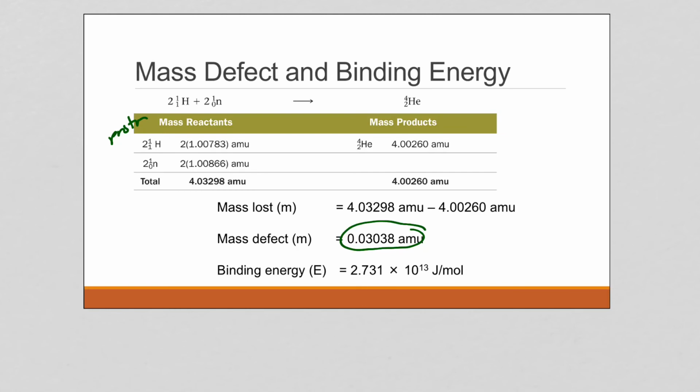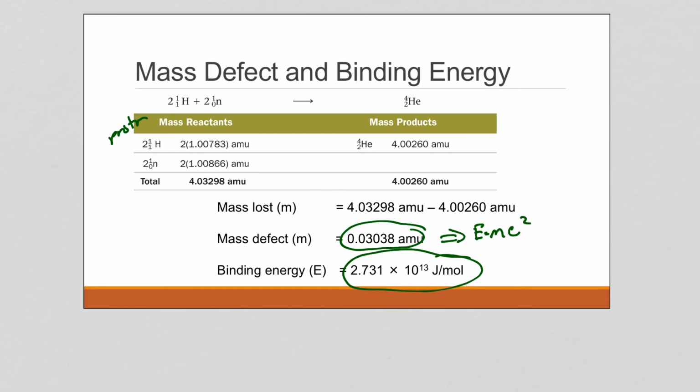So somewhere along the way, we lost this 0.03 AMU. Via E equals mc squared, that's equivalent to a binding energy of 2.731 times 10 to the 13 joules per mole, or about 2 million kilojoules per mole.